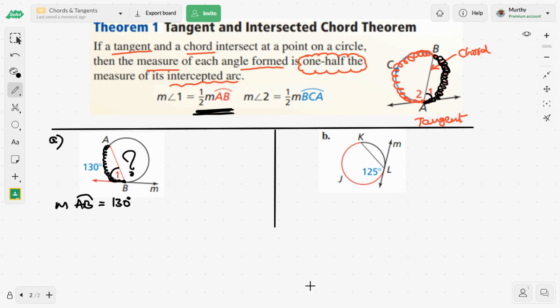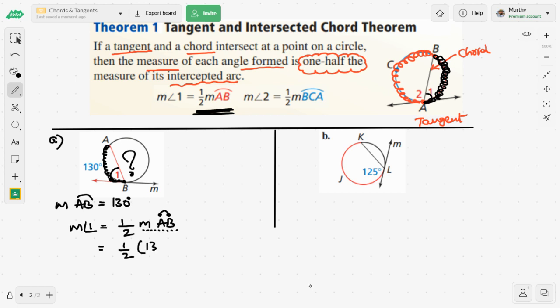So here, measure of angle 1 equals half of measure of arc AB. Please remember this condition. Measure of arc AB, you know that this is 130 degrees.